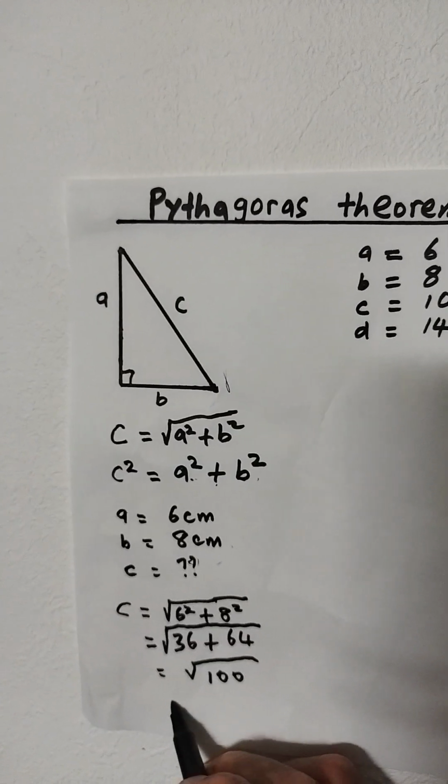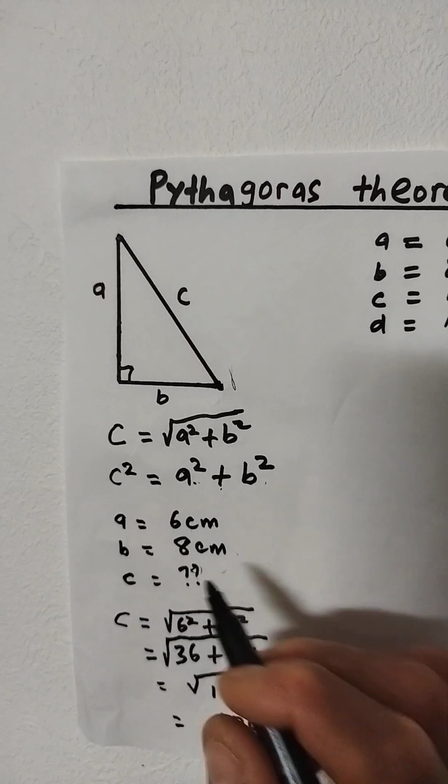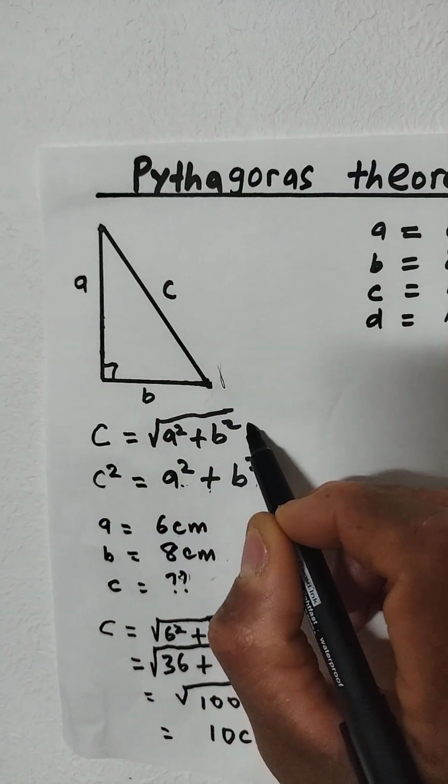The square root of 100 is equal to 10 centimeters. That is this formula.